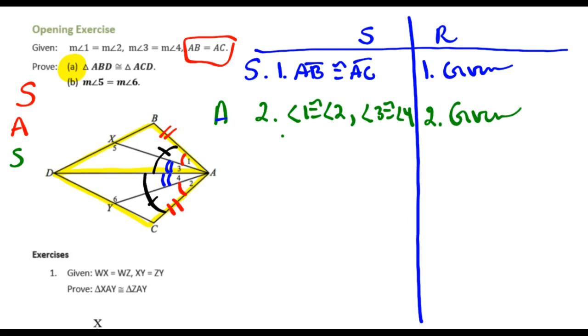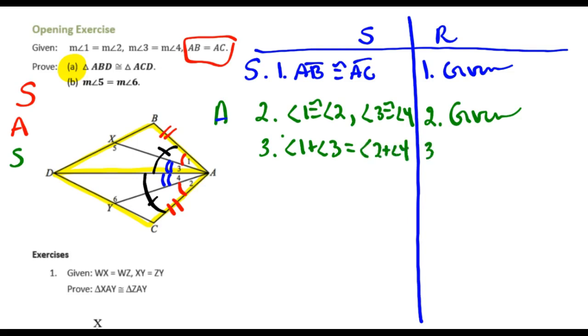Now I have to do my addition step. So can't I add equal parts to equal parts and they end up being equal? So my next step is going to be angle 1 plus angle 3 is going to be equal to who? Angle 2 plus angle 4.